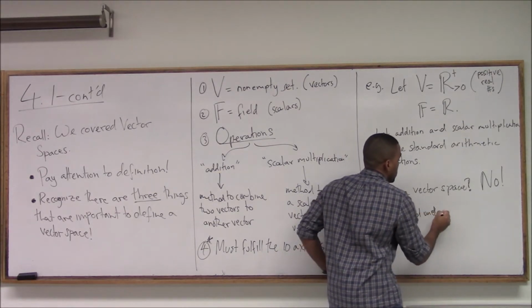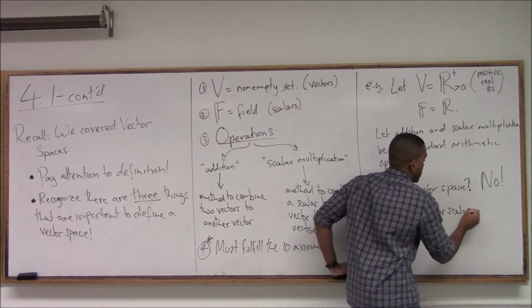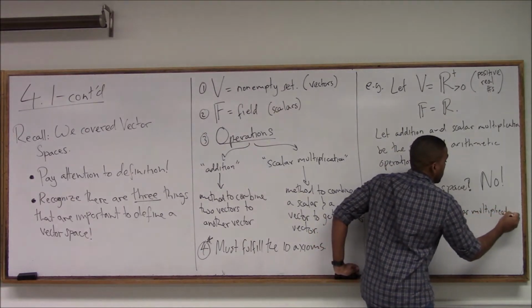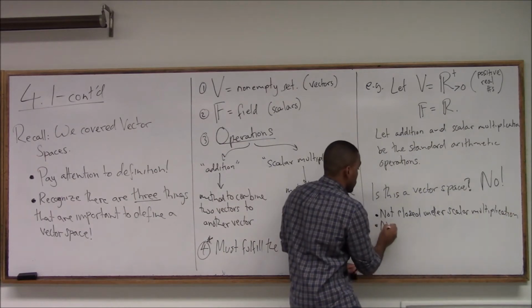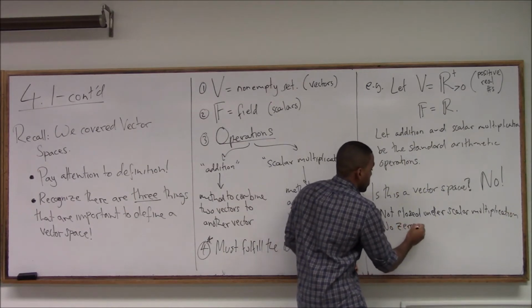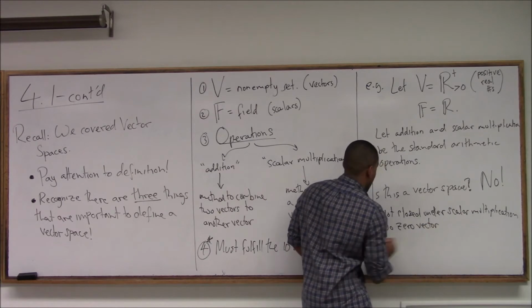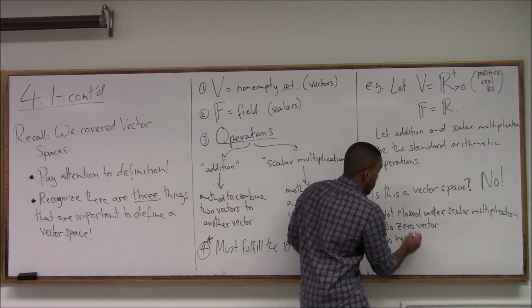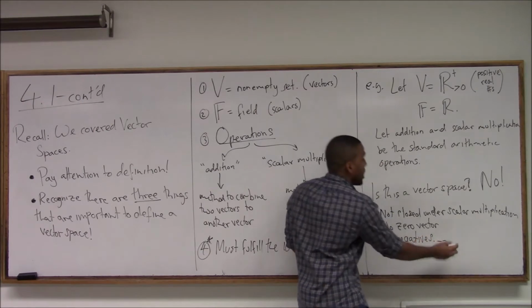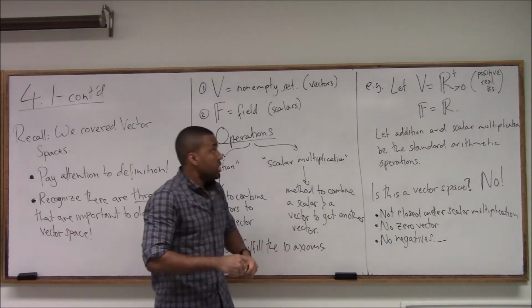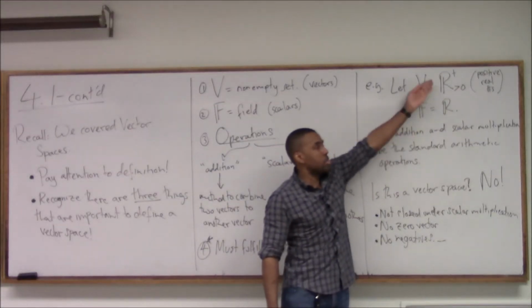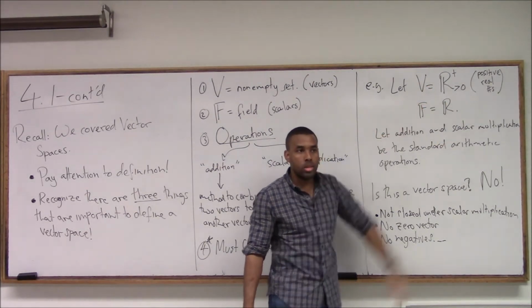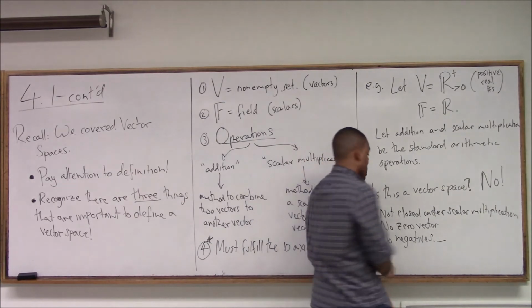For the second thing, there is no zero vector here. Third thing, there are no negatives here. We require all of those. So there are a bunch of reasons why this cannot function as a vector space. Because if I take a negative real number times a positive real number, I get a negative real number, I will exit the set. Right?